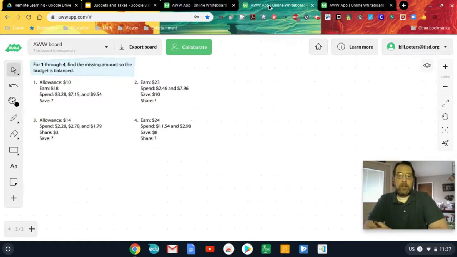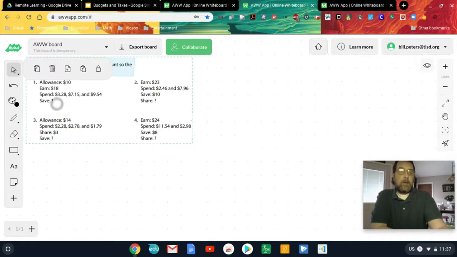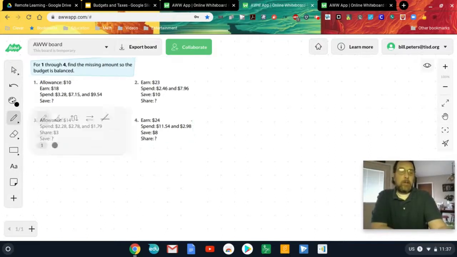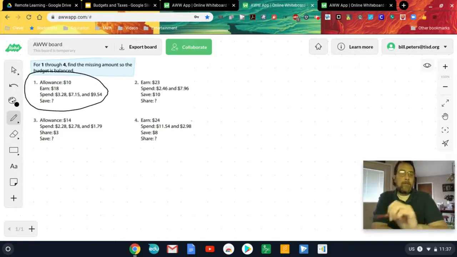Let's take a look at budgets. For 1 through 4, find the missing amount so the budget is balanced. We're going to start here with number 1. So the first thing we're going to do is we are going to see we have an allowance, we have earned money, and then we have what they spend on.